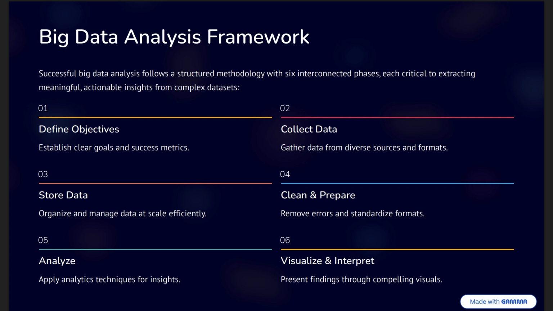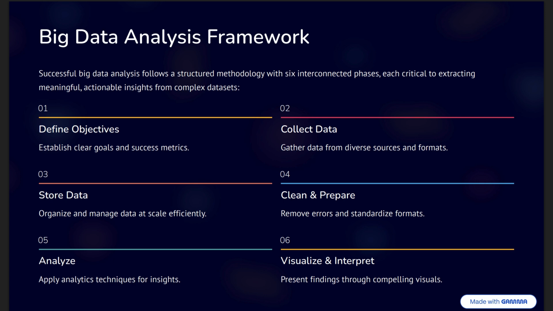Now that we know what big data is, let's understand how it is analyzed. Big data analysis usually follows a six-step structured framework which helps in converting raw data into meaningful information.